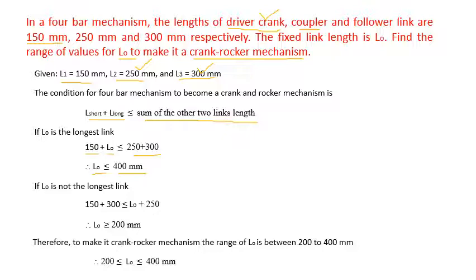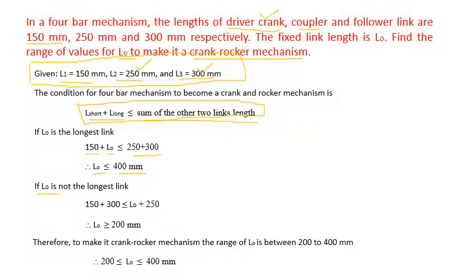Now, if L naught is not the longest link, then what is the minimum range of the link length? That can be determined by considering the same Grashoff's condition, that is sum of the shortest and longest link. See, in this given statement, which is the longest one? 300 is the longest one.